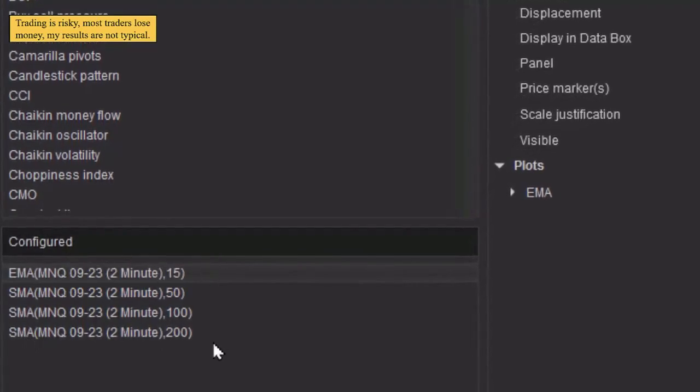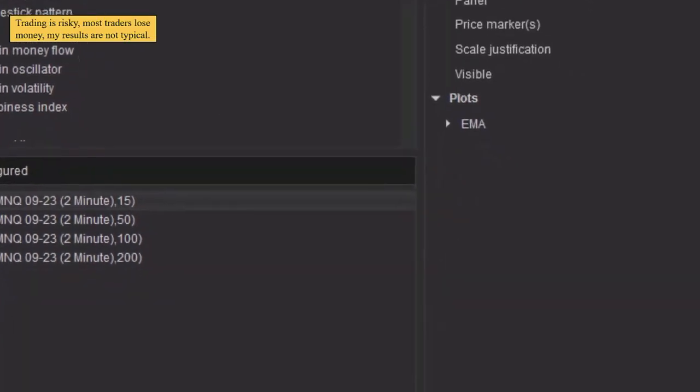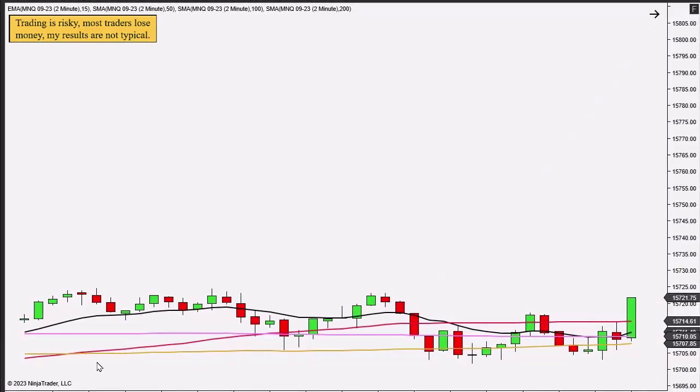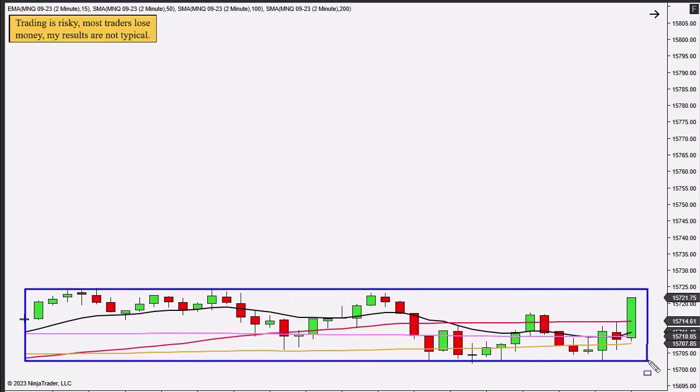There's no magic to these 4 numbers, but there is a principle here that you do want to employ. If you like to use different numbers, that's fine. But you want to use a short term, a medium term, and a very long term. The reason is that this is mathematically what tells you that the market over a long period of time, a short period of time, and an intermediate period of time has really not been moving much.